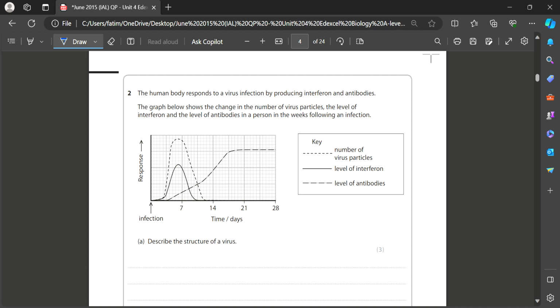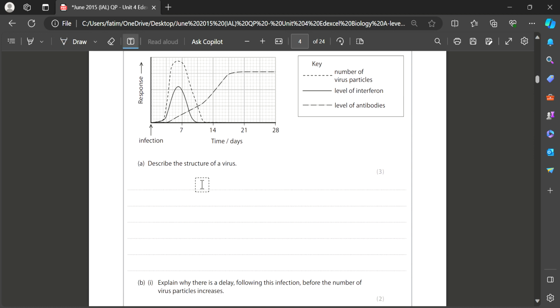Now over here, I feel like it's better if I make a text box because that's going to make more sense. So we all know the structure of a virus, it should be quite easy at this point. The things that we're going to talk about: it has a capsid.